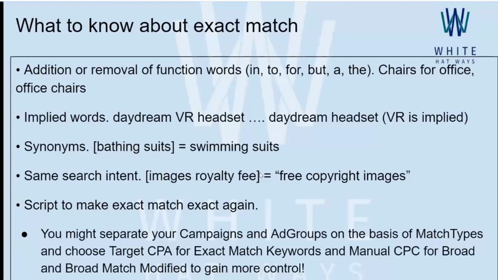So, scripts to make exact matches exact again. You might separate your campaigns and ad groups on the basis of match types, and choose target CPA for exact matches and manual CPC for broad match modified to gain more control. So in case you want to separate out your campaigns and ad groups basis the match types, that is also a possibility.